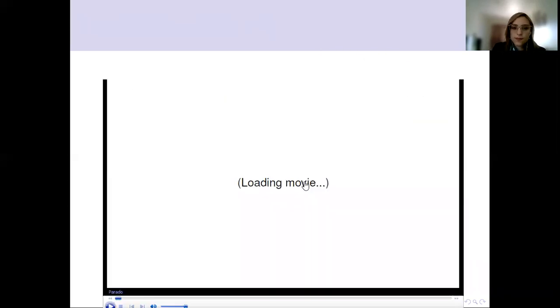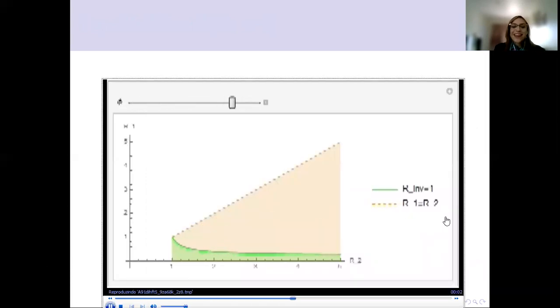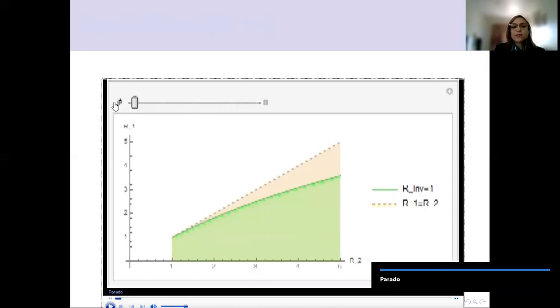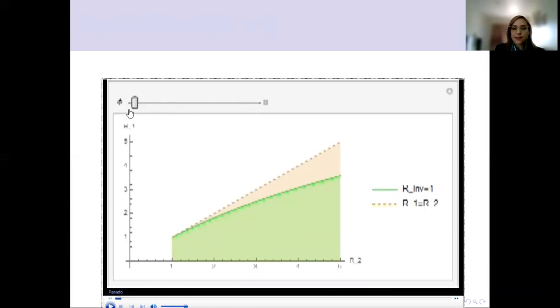Here we have a small video showing that. It's not showing. Sorry. Here. Now it's showing what happens when the parameter phi is varying. In green, we have the values for when the boundary equilibrium is stable.